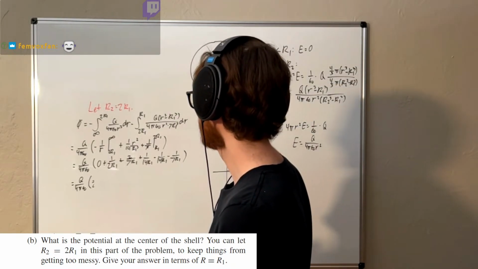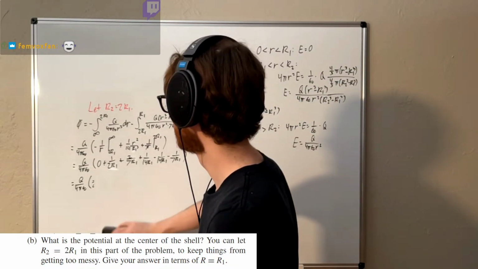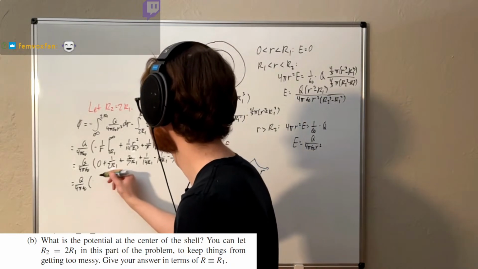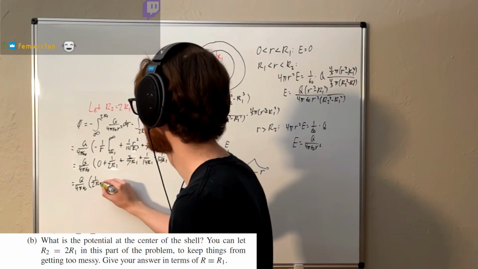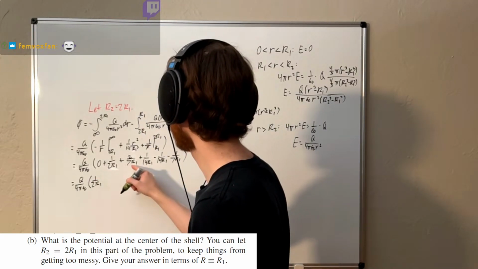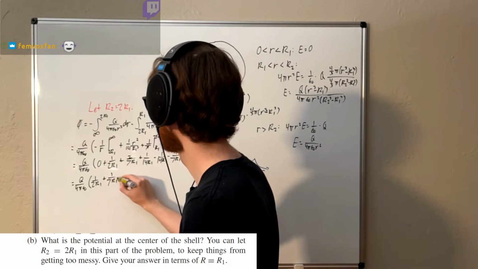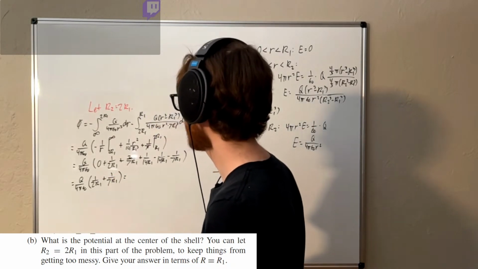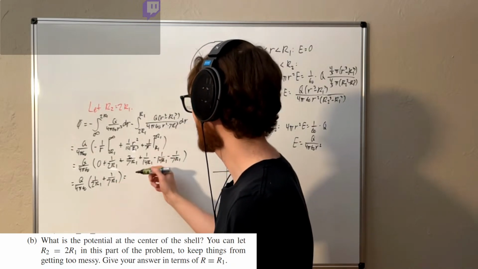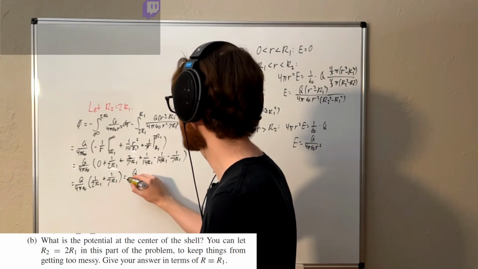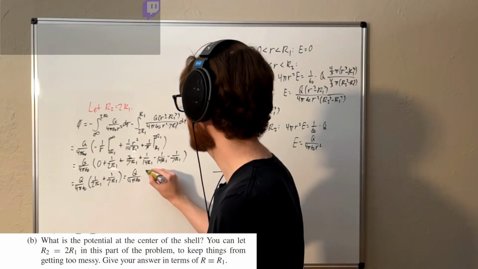Okay. These two still cancel. That can subtract with that. Okay, let's see. It makes sense. We shouldn't get something that's too clean because of this weird setup that we had.